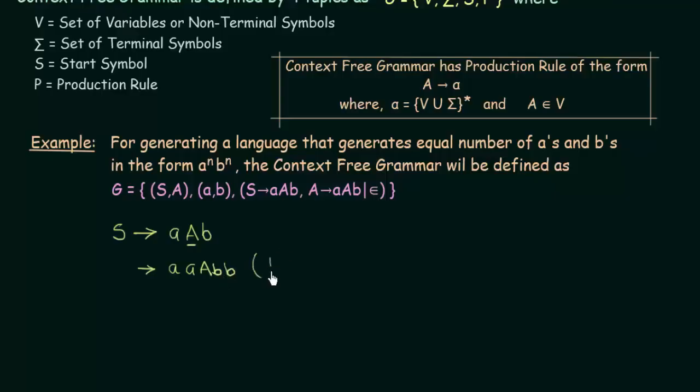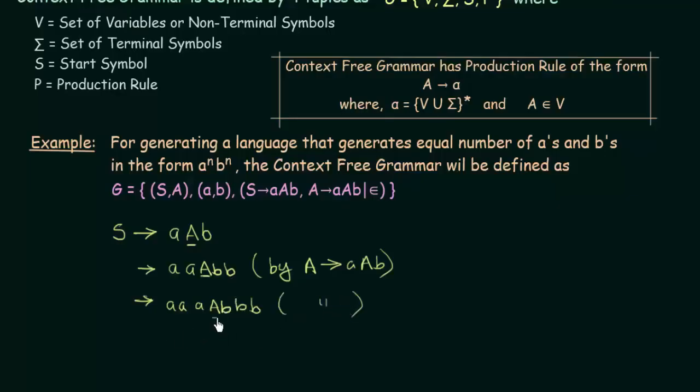This is by the production which says A gives aAb. Now let's try to expand this further. Here we have aaAbb. Using the same production rule, I will expand this A again. These two a's will come down as they are, and instead of this A I will write aAb, and these two b's are remaining, they will come down as they are. So this is also using the same production rule as above.